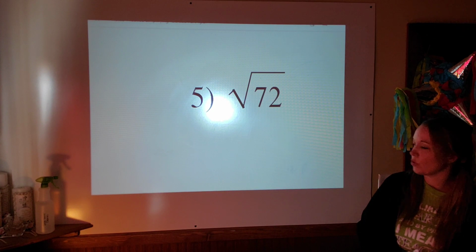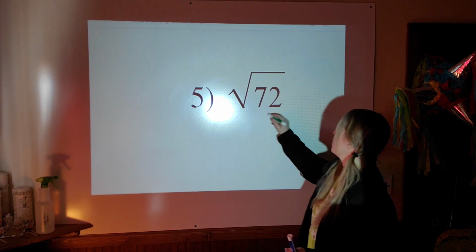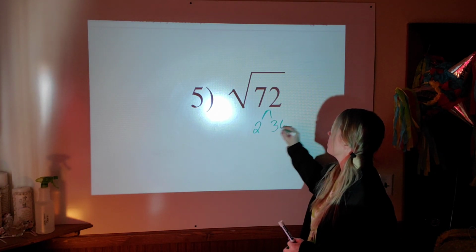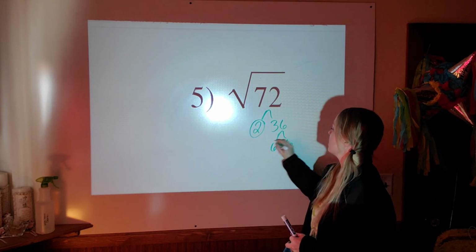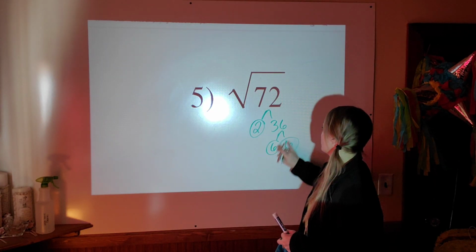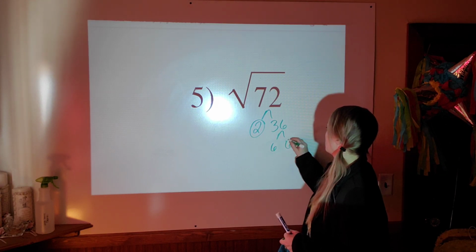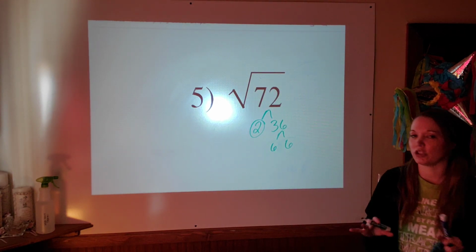Number 5 is the square root of 72. Again, we're going to break this down. This is going to be 2 times 36. 36 is 6 times 6. Now, oh, oops, we don't circle those. So those aren't prime, but I'm going to tell you a nice cheat.